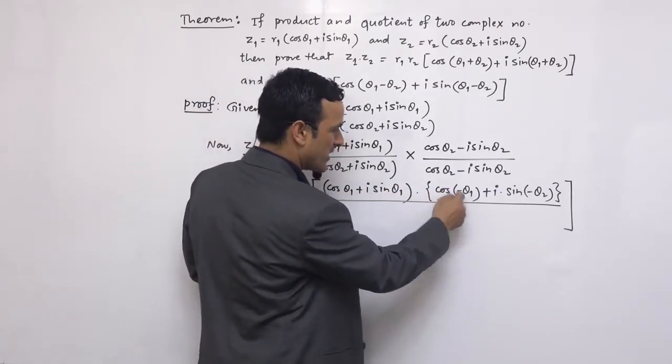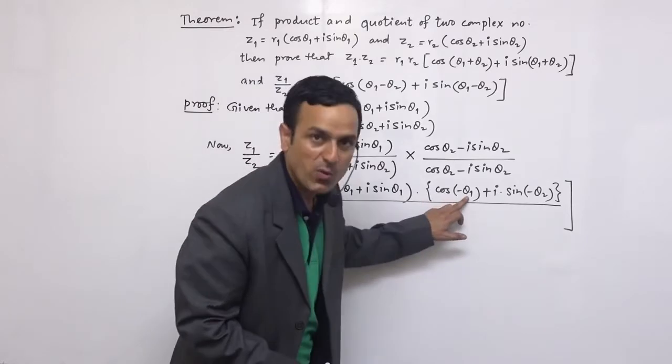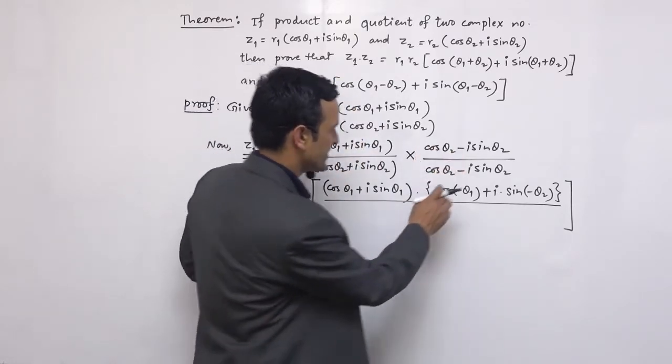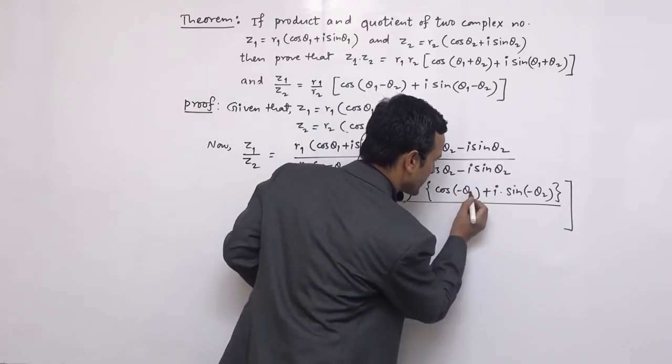Cos minus theta is the same as cos theta. Sorry, it is theta 2.